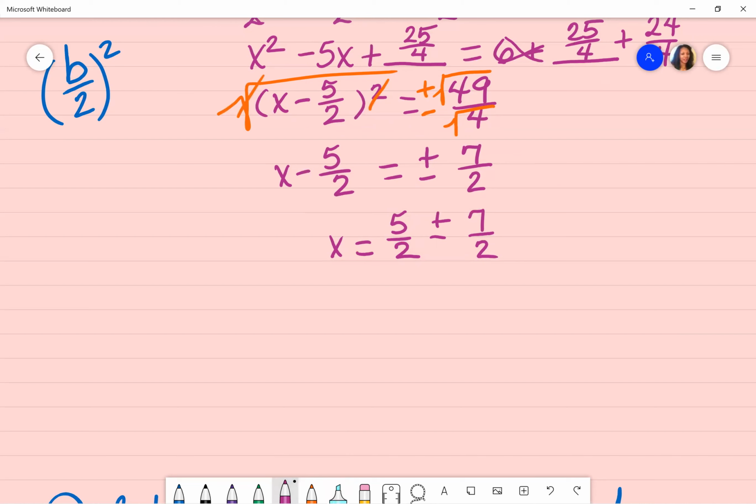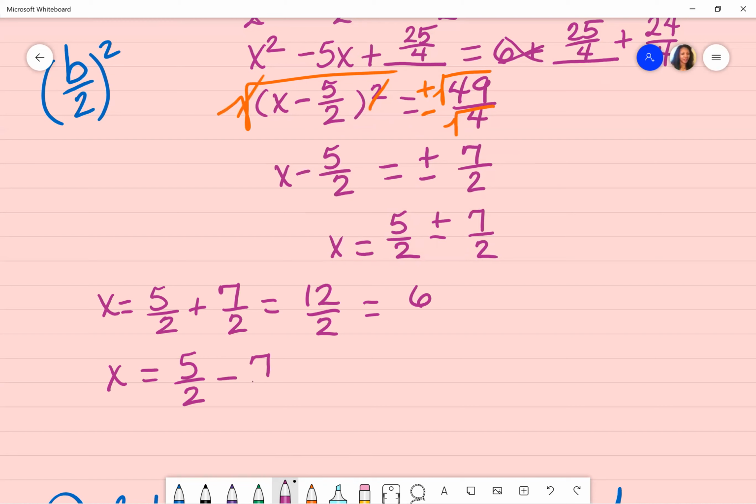But for the sake of time, 5/2 plus 7/2 is the same as 12/2, which is the same as 12 divided by 2, 6. So that's one instance. The other instance is where x is equal to 5/2 minus 7/2.